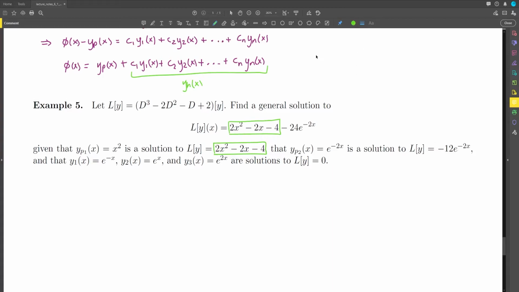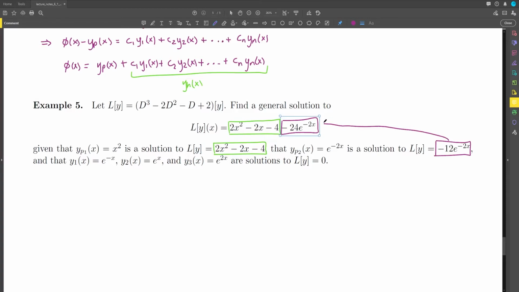When we compare that with the minus 24e to the power negative 2x, we see that the right-hand side here is twice what we're given here. So when we want to use that second particular solution, we need to multiply that by 2.